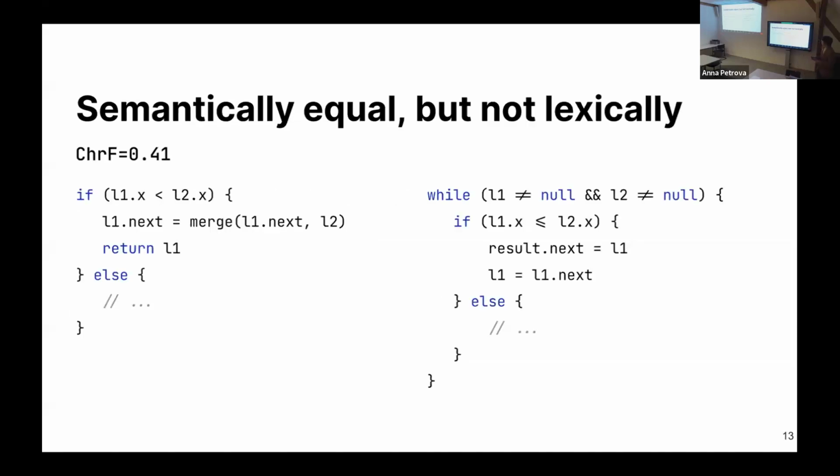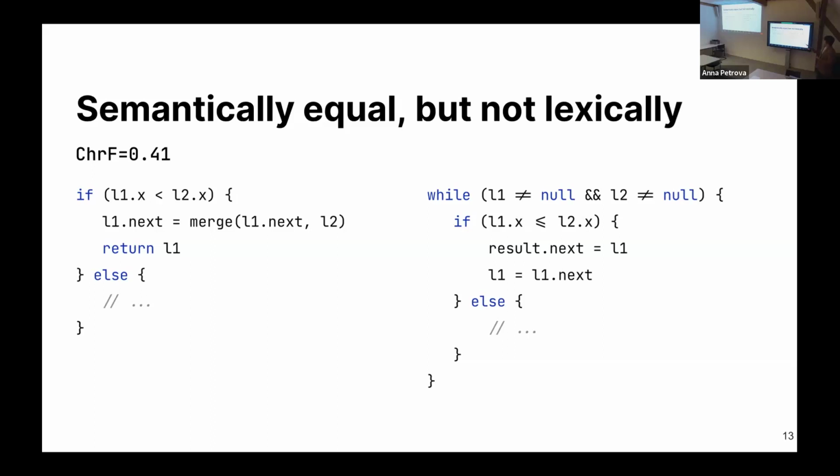Yeah. So, one more example of the task. This is the task of merging two linked lists. The first implementation uses a cycle and recursion, and the second one uses just the cycle.